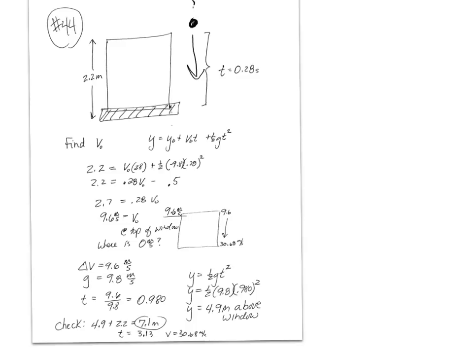I plugged in the amount of time that it took, and I solved for my initial velocity. Once you know your initial velocity, you can figure out how much prior to that it was at 0. And so you can see down here I just used my velocity and gravity to find time, and then I used time to find my height.